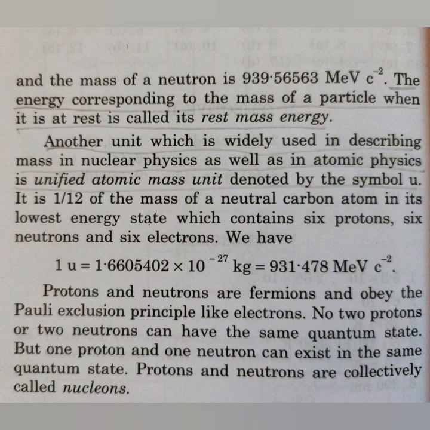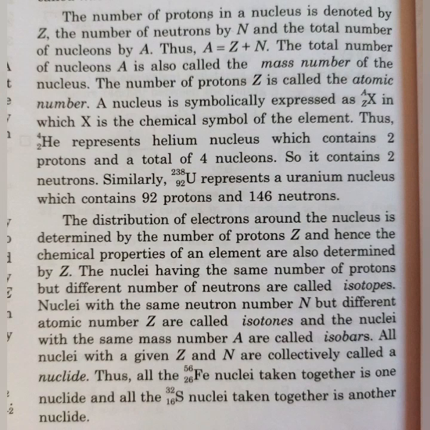According to physics, no two protons or two neutrons can have the same quantum state, but one proton and one neutron can exist in the same quantum state. Friends, when we want to calculate the number of nucleons or other things, we don't always write proton plus neutron.